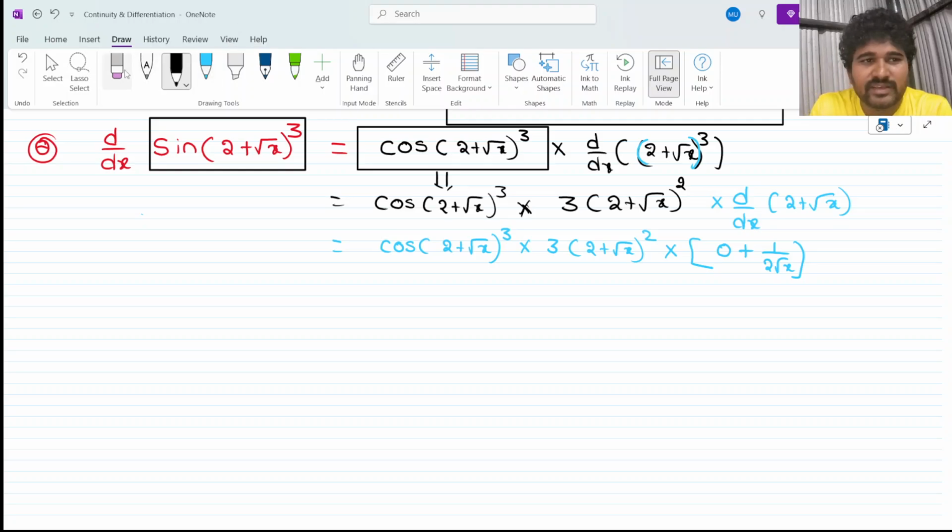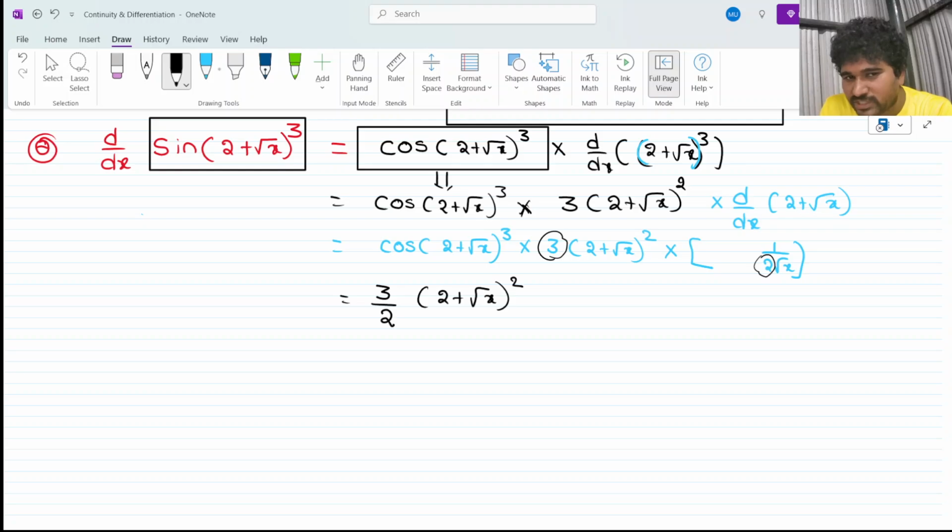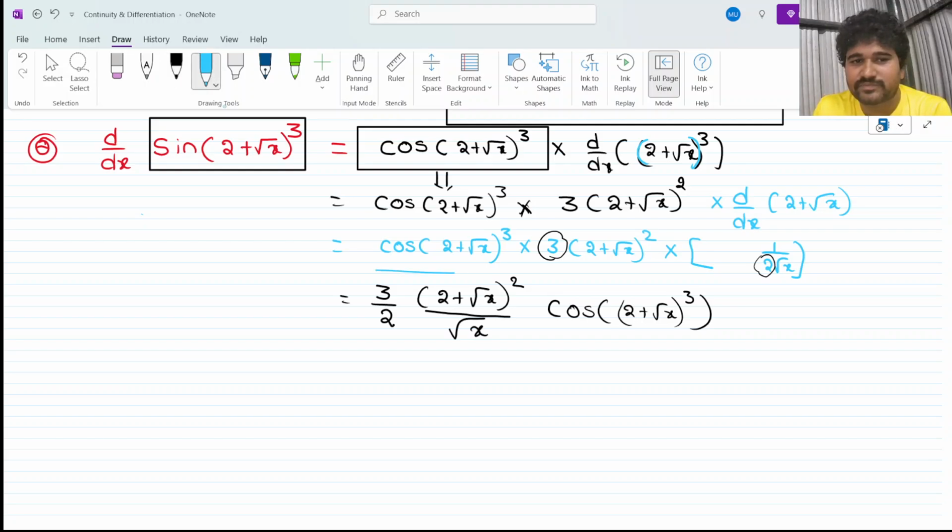I don't want to write that 0. Observe carefully. Here 3 is there, here denominator 2 is there. All together what will it become? 3 by 2, 2 plus root x whole square divided by root x, into cos of 2 plus root x whole cube. That is your answer.